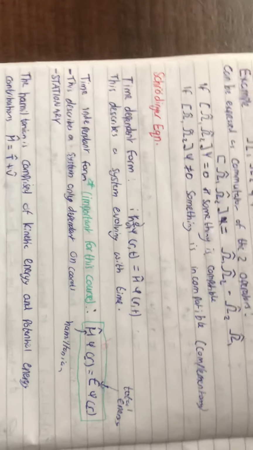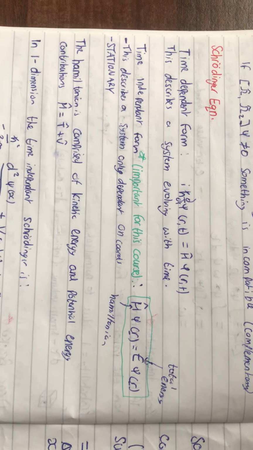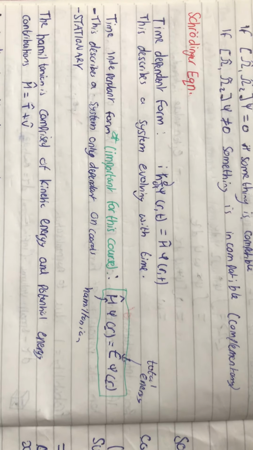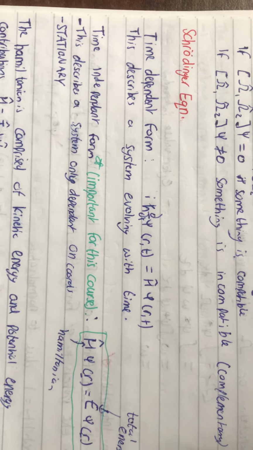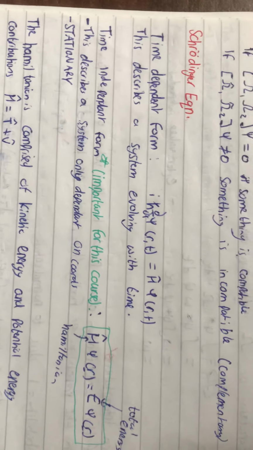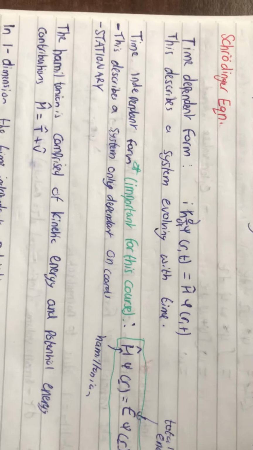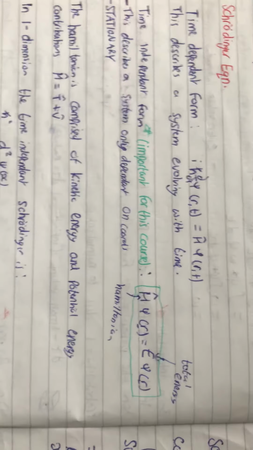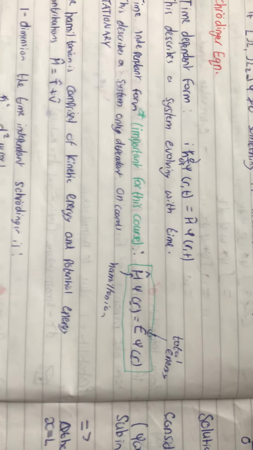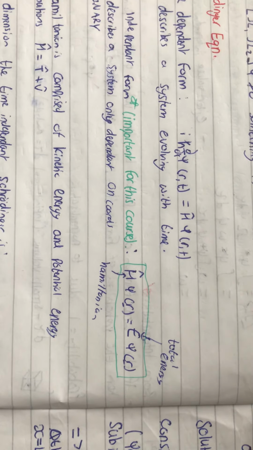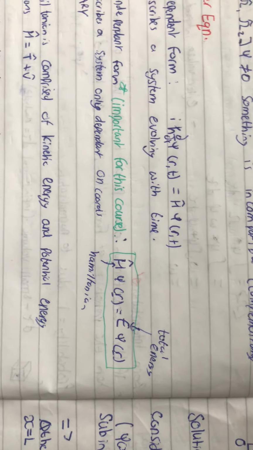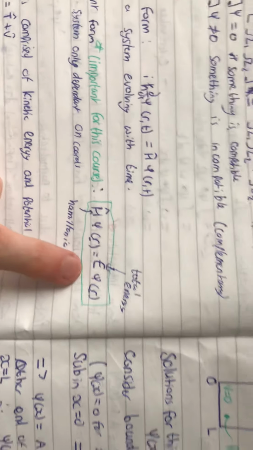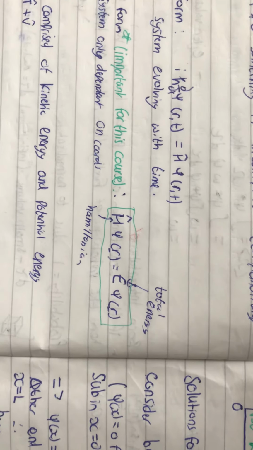So if we look at the Schrodinger equation, we've got a time-dependent form, which includes all of this mess, and this describes a system evolving with time. But for our module specifically, we're looking at the time-independent form, which is more important for this course. We've got the Hamiltonian times the wave function, which is dependent on the coordinates r, equal to the total energy times the wave function.